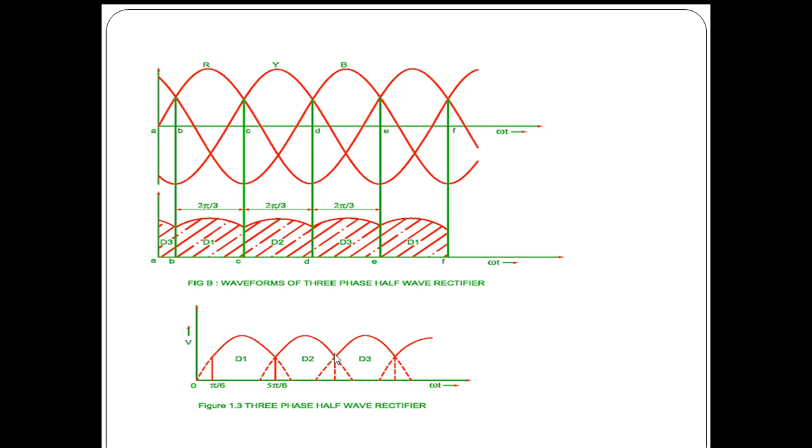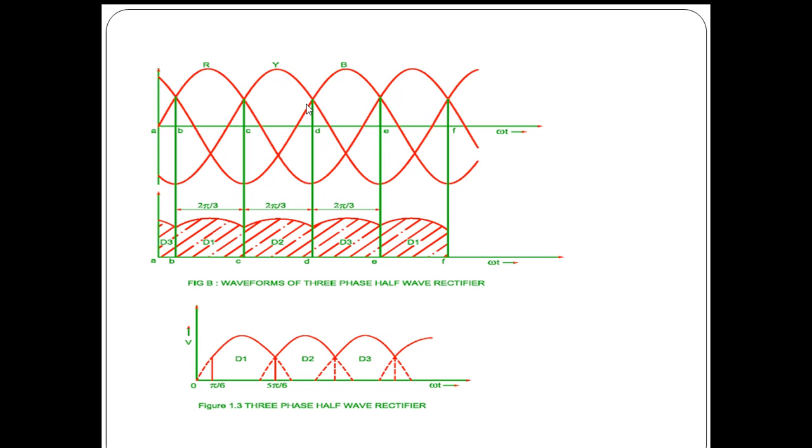It is pulsating. Whenever the diode is subjected to more forward bias, we get the concerned output. From point B to C, we are getting output voltage across the load due to conduction of diode D1, and from point C to D, we are getting output voltage due to conduction of diode D2, which is connected in phase Y.